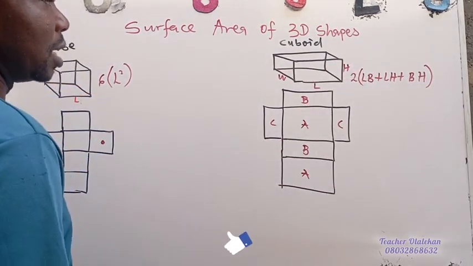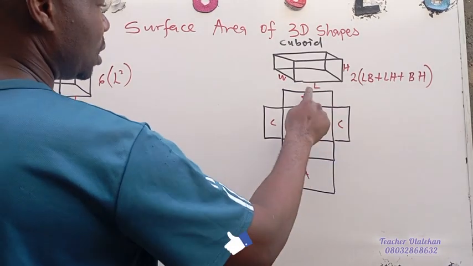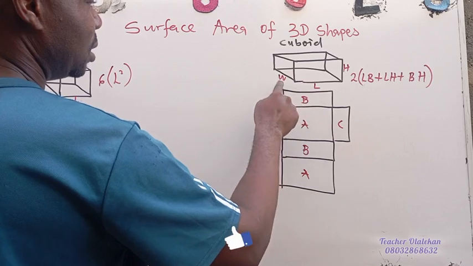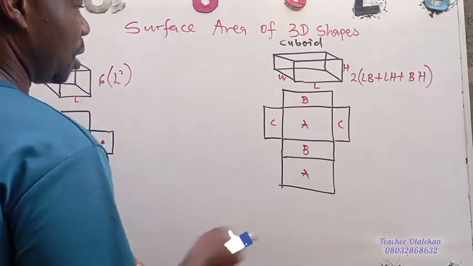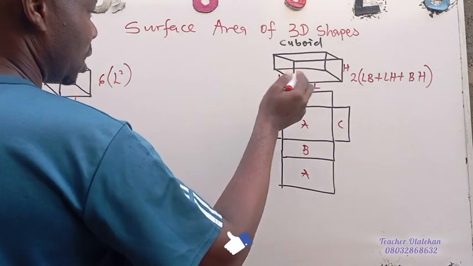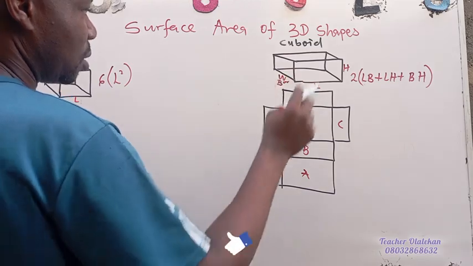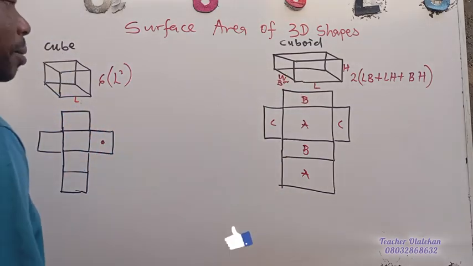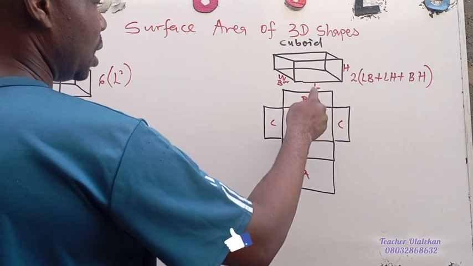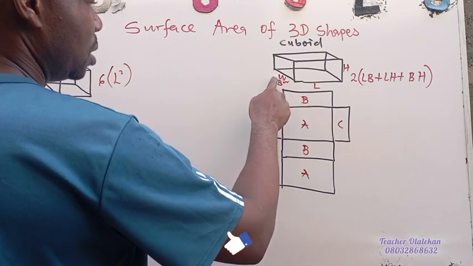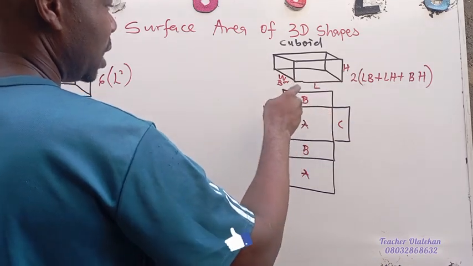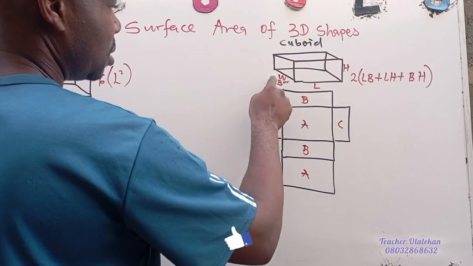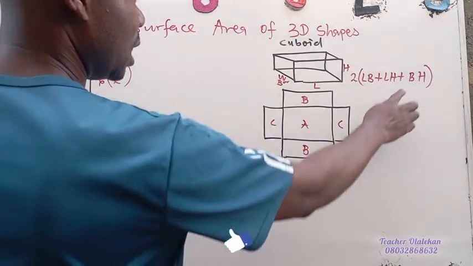You multiply length and width or breadth together, then length times the height, and the next one is height times the width.